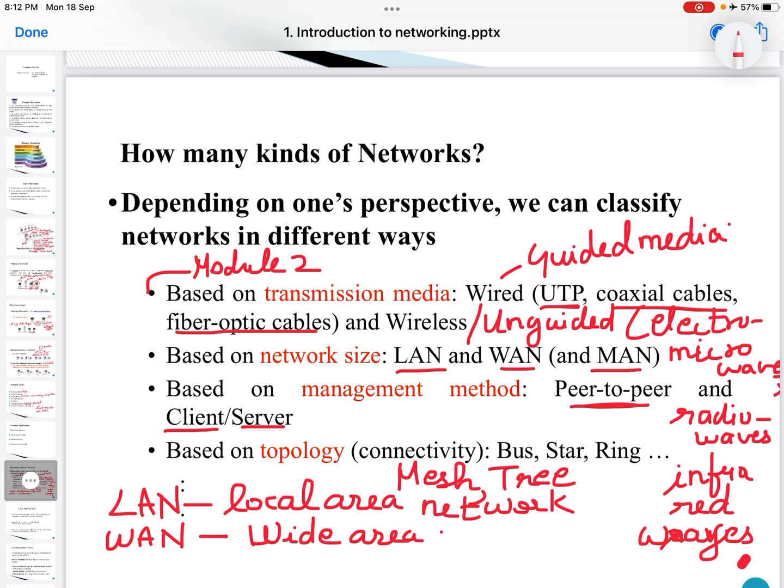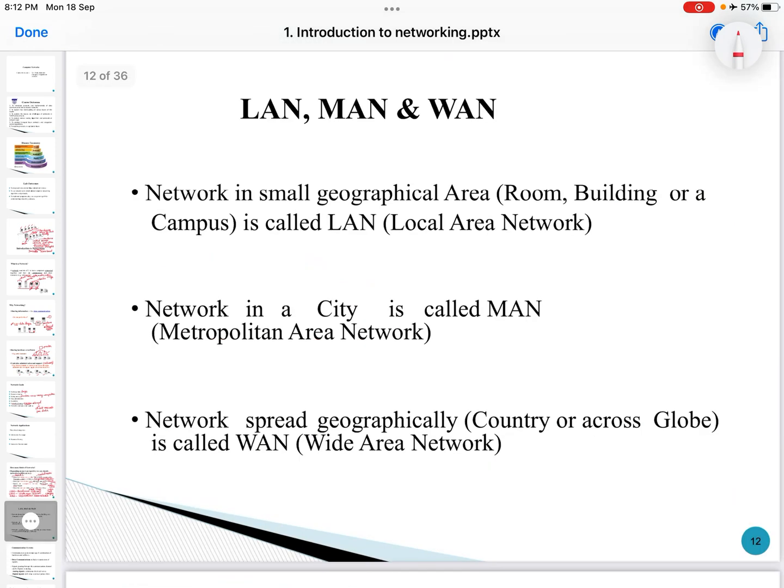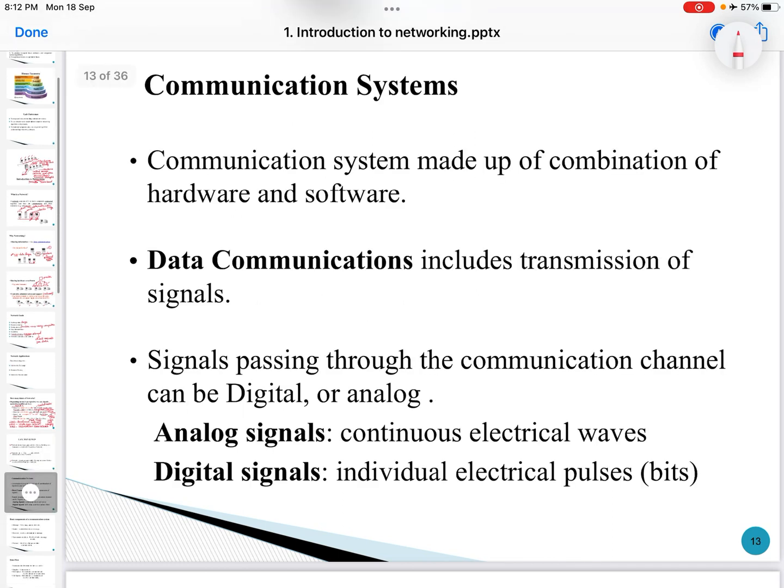And MAN is metropolitan area network. So these are the three networks.